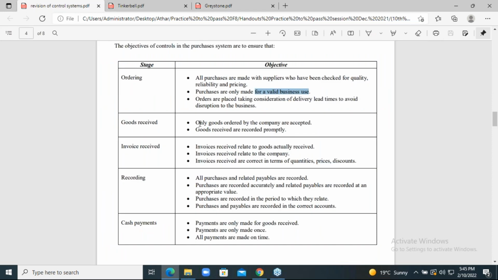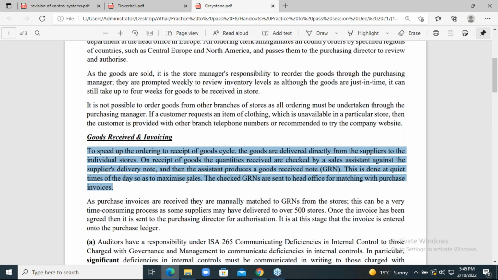In goods received, only goods ordered by the company are accepted. Now, how can we confirm that we are accepting the goods that we ordered? What the company is doing is issuing a goods received note on the basis of the supplier's delivery note. So stores are not aware of what we ordered. They just check what the supplier sent and whether the items are complete or not, but they are not linking it with our order.